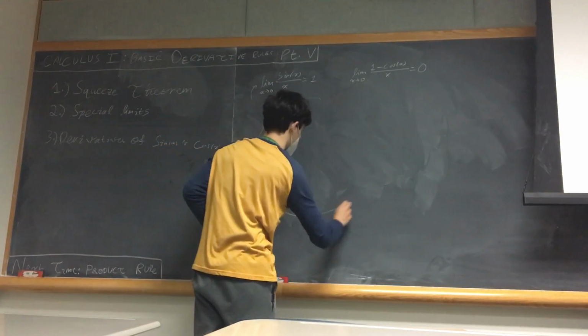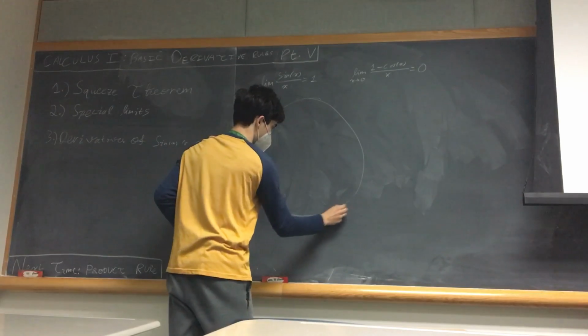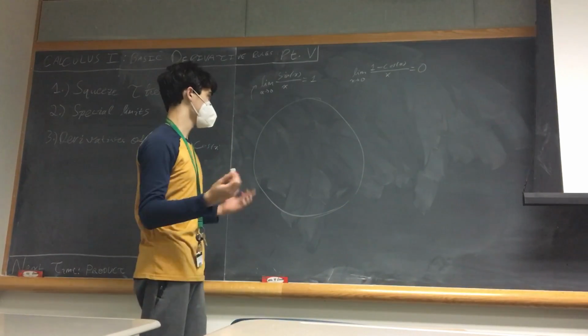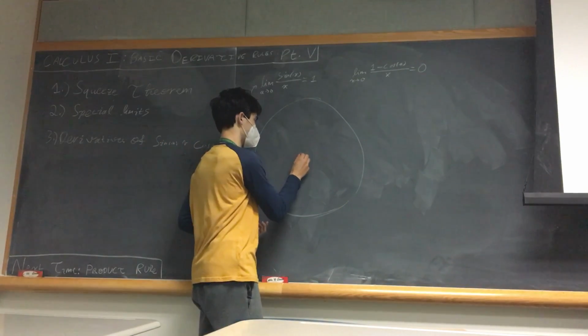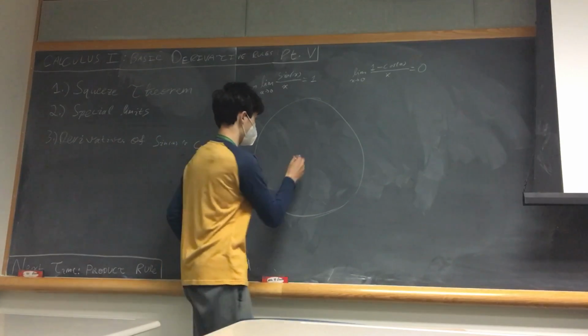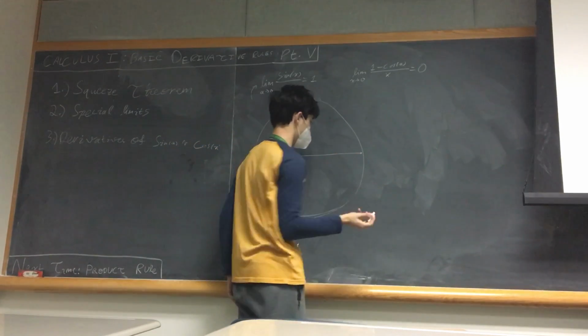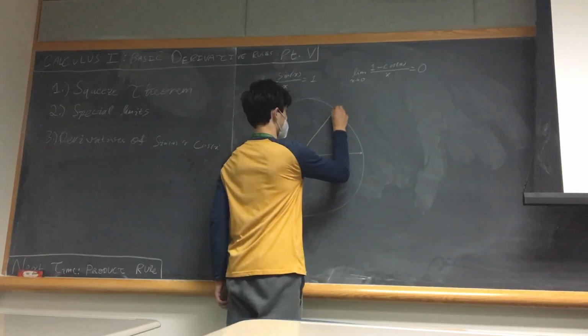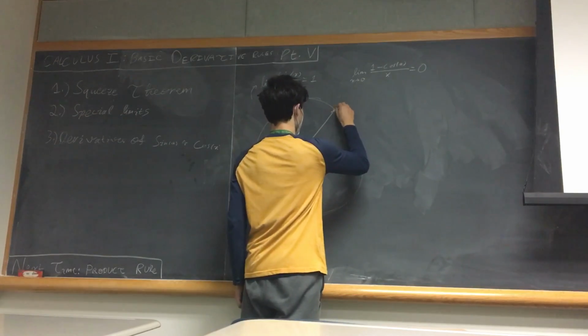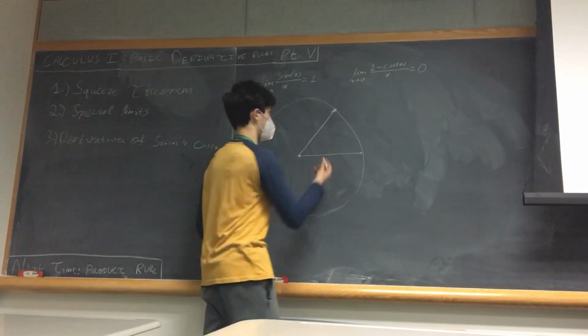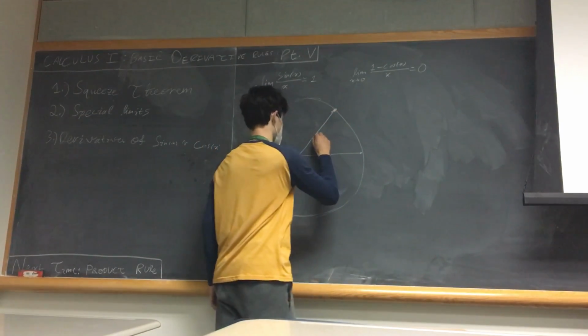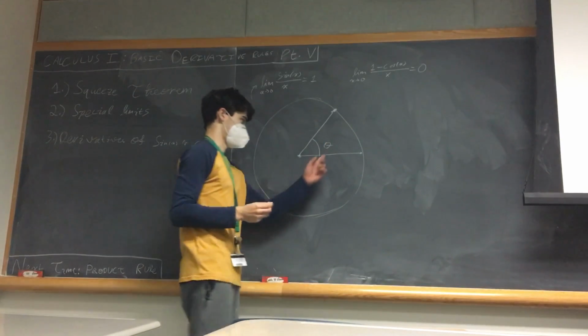And I'll start by drawing a unit circle. So a unit circle is a circle centered on the origin with a radius of r equals 1. So we know on the unit circle, let's say we have an angle theta right here.